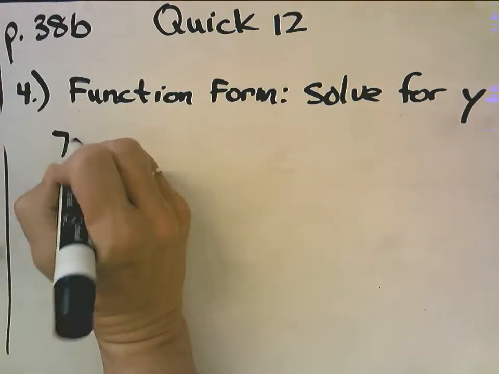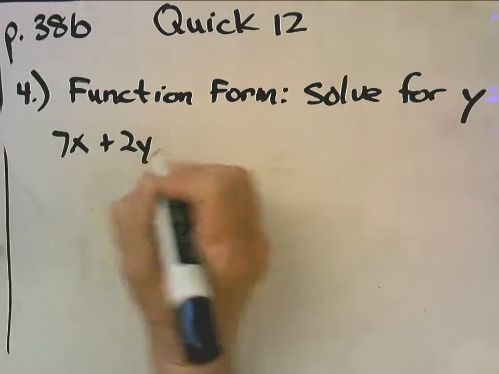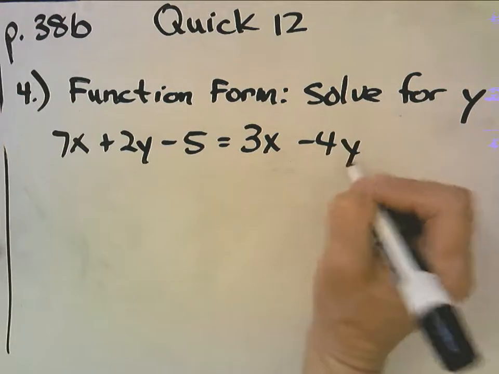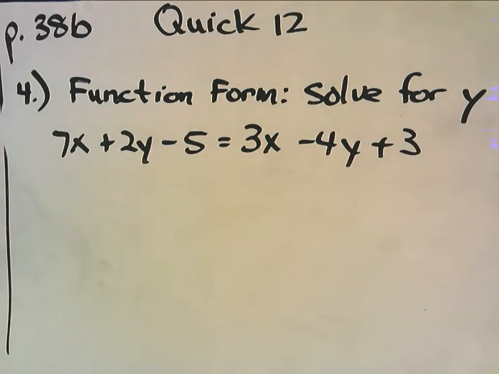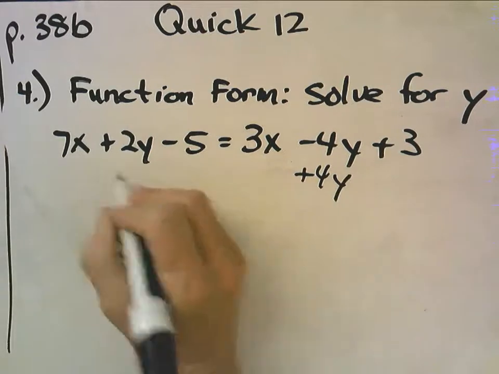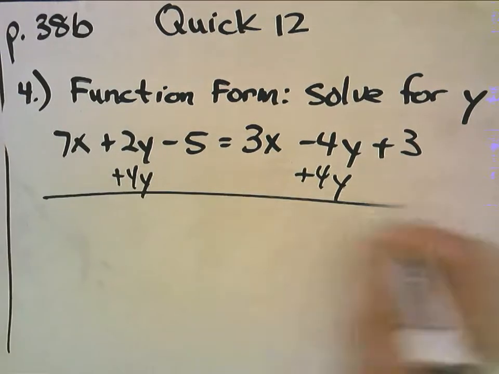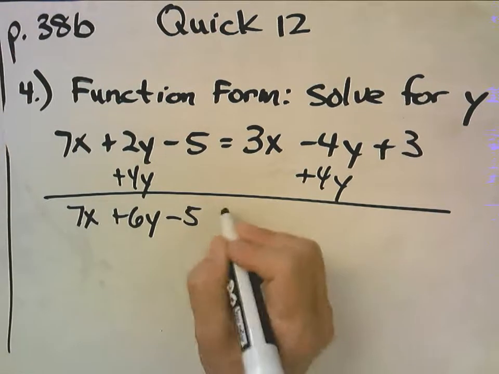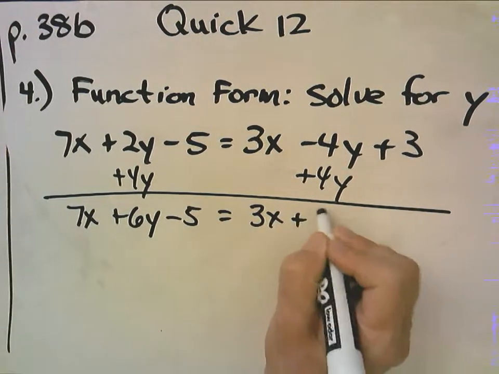So I'm going to take 7x plus 2y minus 5 equals 3x minus 4y plus 3. And I'm going to solve for y. Well, if I'm going to solve for y, I have to get every term that has a y on one side. So I'm going to add 4y to both sides. So now I have 7x plus 6y minus 5 equals 3x plus 3.